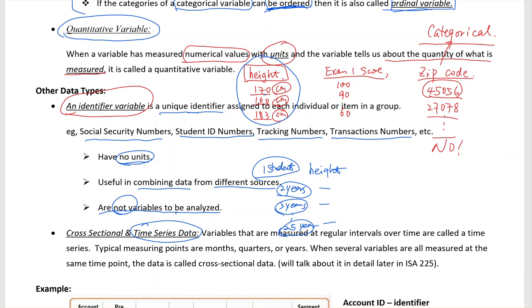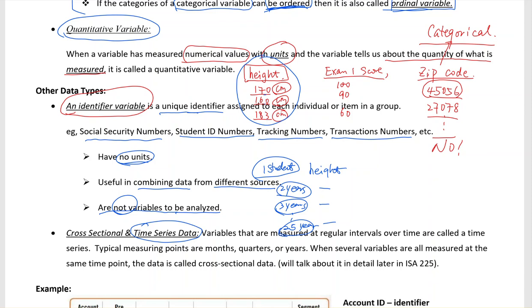Alright, so let's read the definition again. Variables that are measured at regular intervals over time are called a time series. Typically, it is measured by months, quarters, or years. Right? So, for example, yearly income. Right? So every year's income.